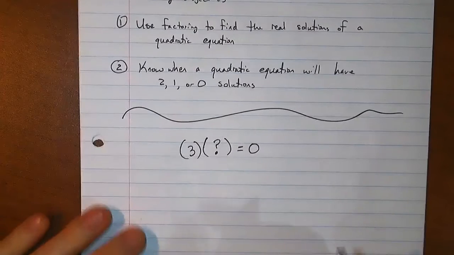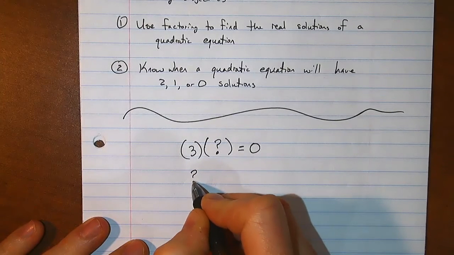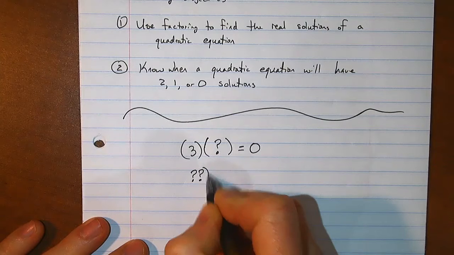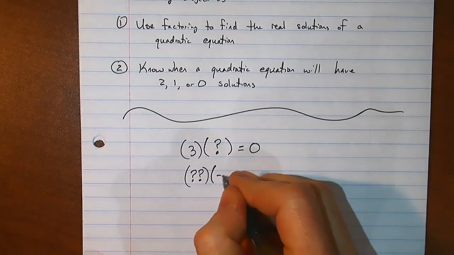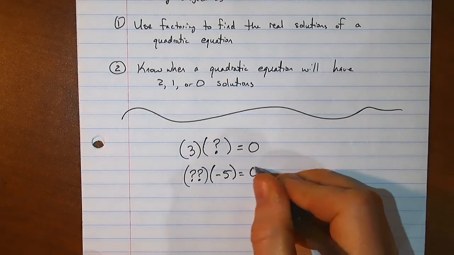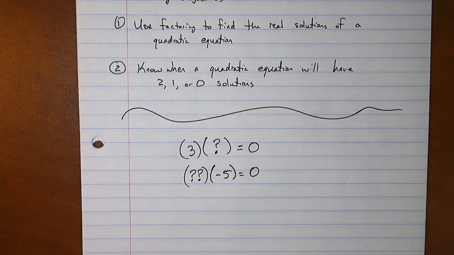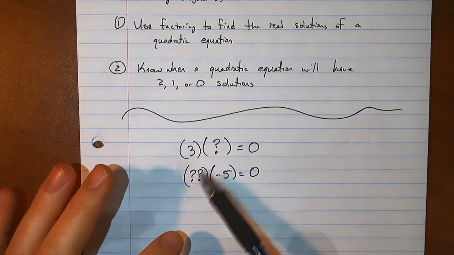Or perhaps I have a different mystery number. Okay, so let's make it 2 question marks. It's a different secret mystery number. Playing a different game, I multiply it by -5, and the answer turns out to be 0. Can you guess what that number is? Well, you might be thinking, wait a second, you said it was different. Don't they both have to be a 0?